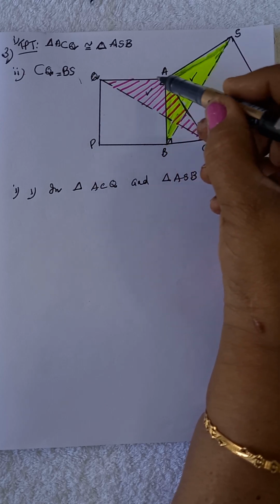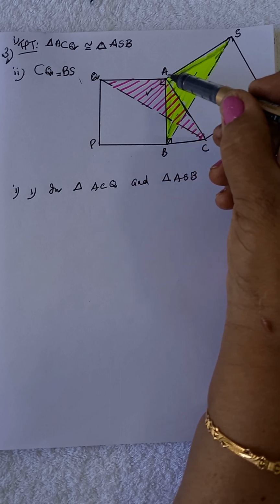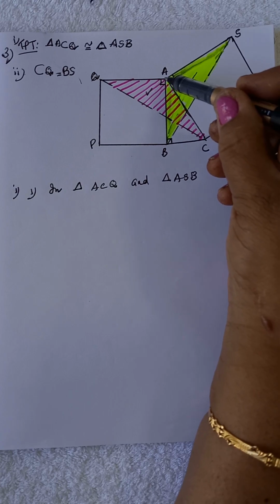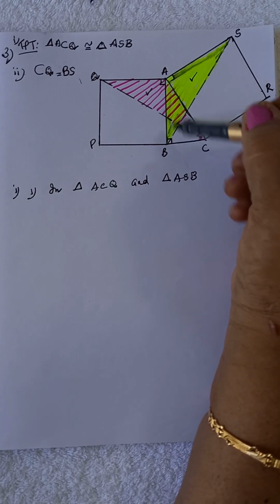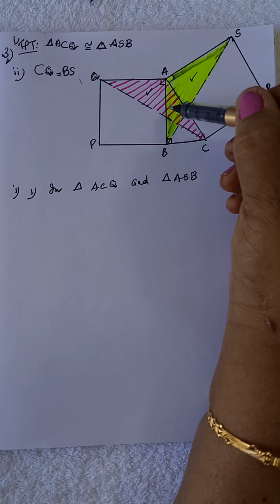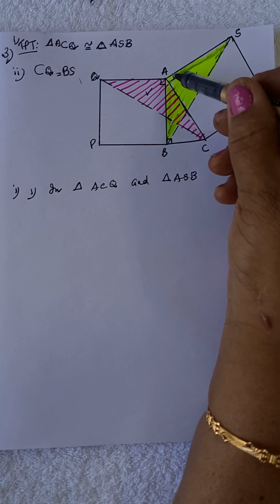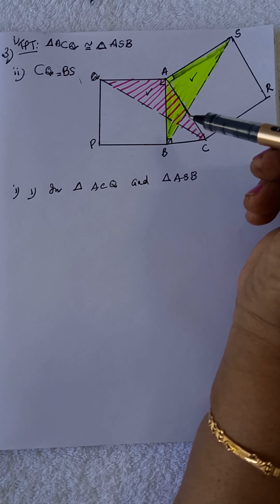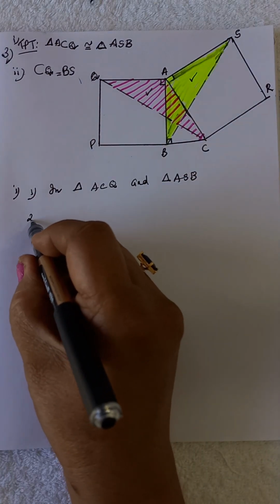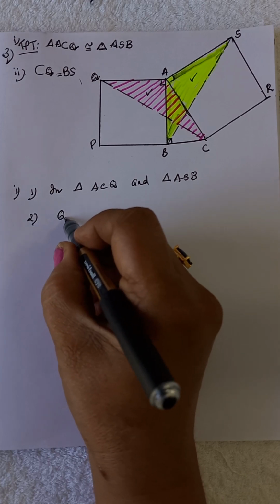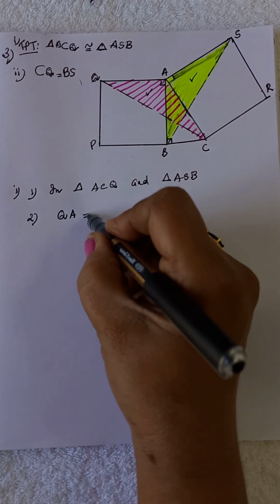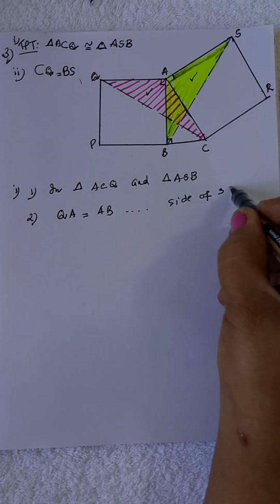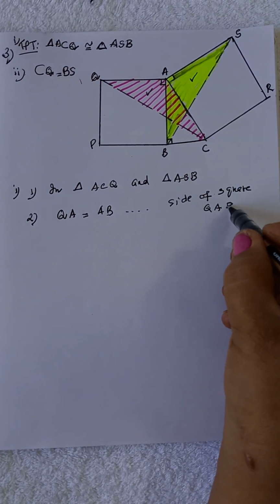That is one side of this triangle ACQ, isn't it? Again, AB, that is side of the square. That is also a side of the triangle ASB. Okay. So we can write as second point QA is equal to AB. Reason is side of square QABP.